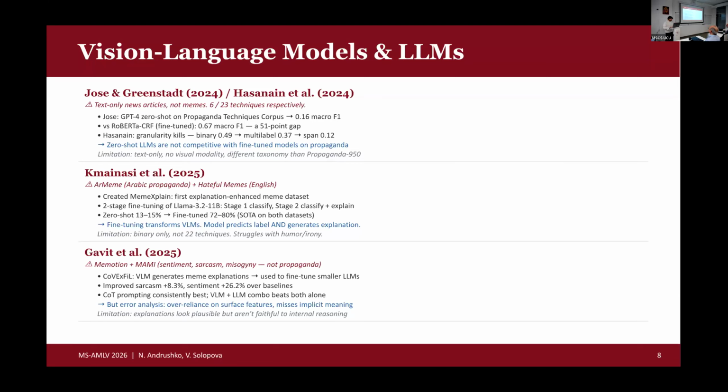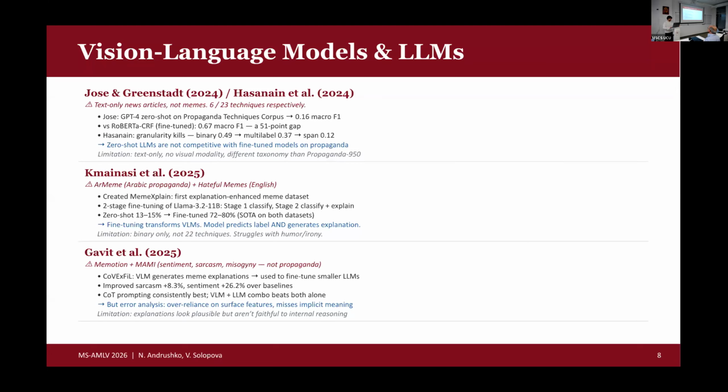However, the second paper here, by Kwanaisi and others, said that okay, but we can fine-tune models. They fine-tuned a couple of different models to test how it improves the overall score. I find this second paper quite interesting because they fine-tuned it not only for classification but also for explainability.